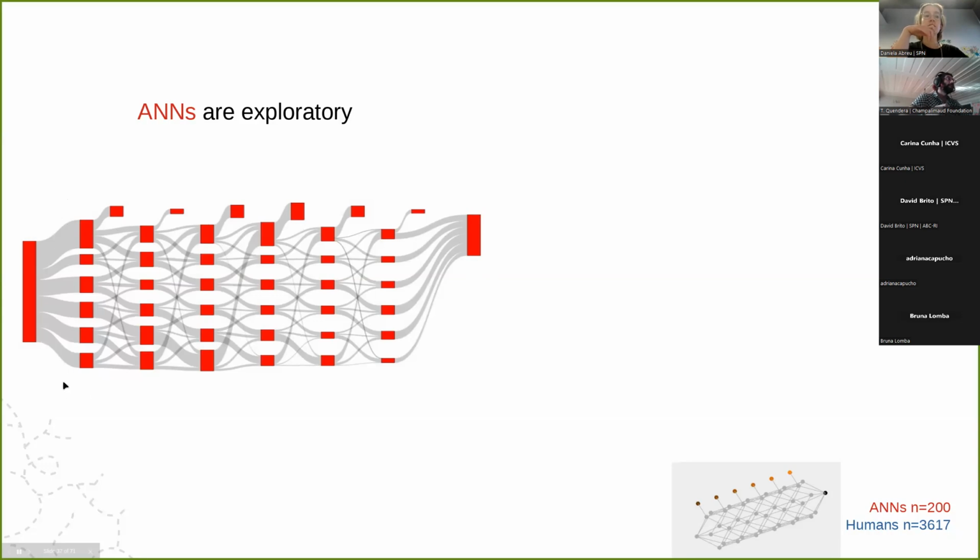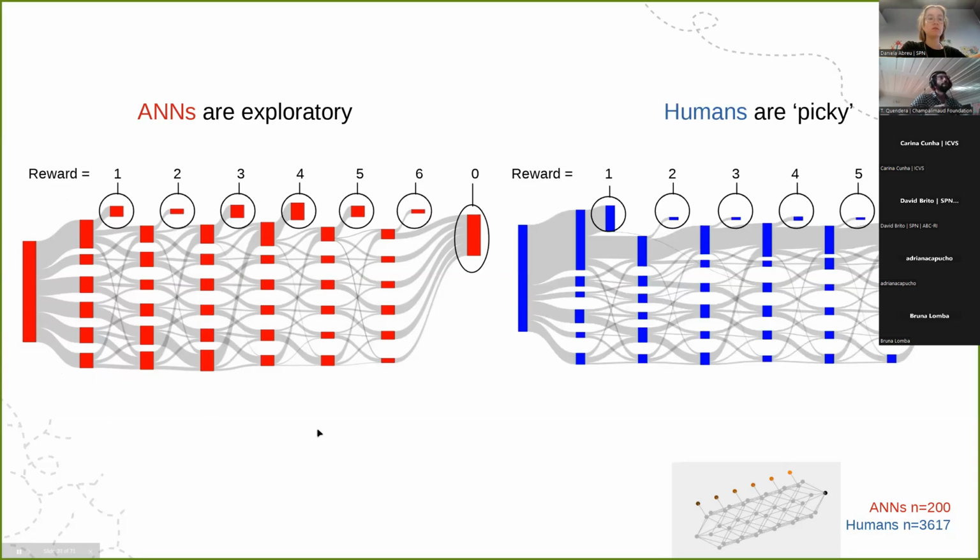And what you can see is that artificial neural networks seem to be exploratory when contrasted with humans. Humans, if you just look at it superficially, overexplore this specific piece of the puzzle, which is not coincidentally the piece of the puzzle that leads to higher rewards.